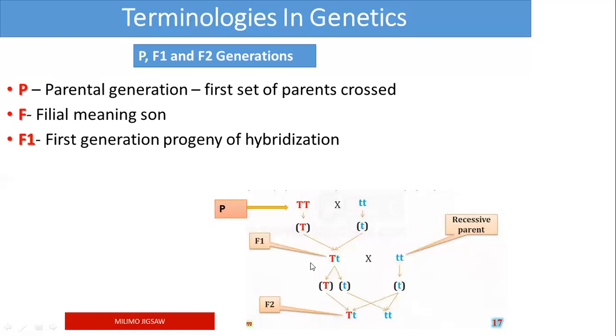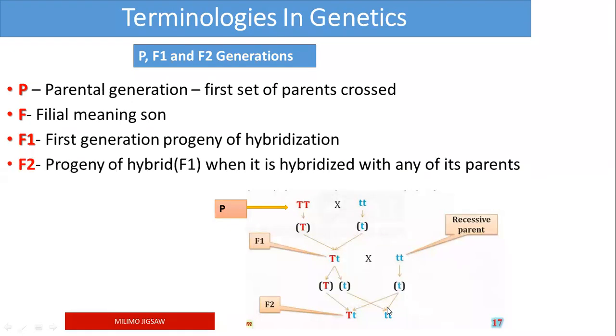And then we cross F1, and what will result is what is known as the F2 generation. So this one is the F1 generation, and when we cross the F1 generation, what we'll have is the F2 generation.